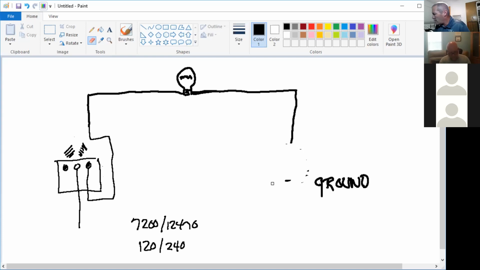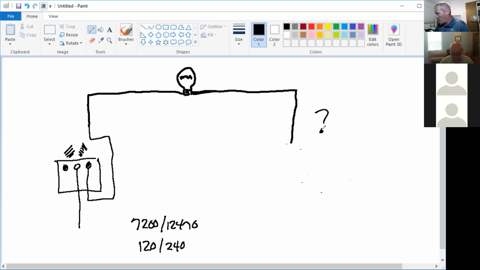All right, as I stand right here, do I have a complete path because I'm erasing all this stuff? Is this going anywhere? No, it's not. It's just kind of hanging out there in free space. What do I need to connect it to make a complete path?